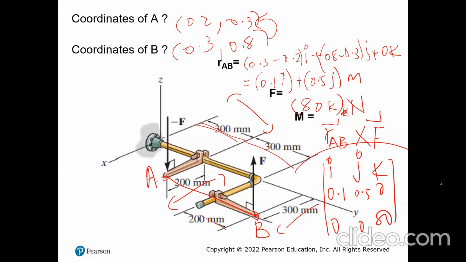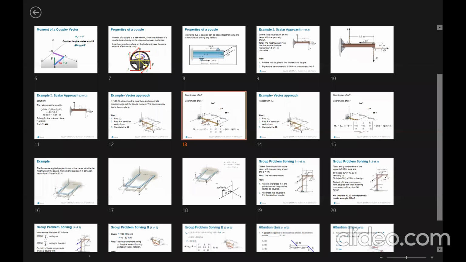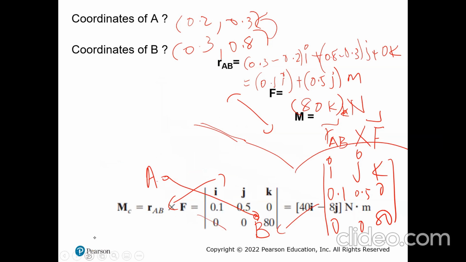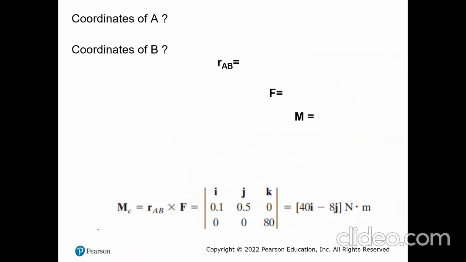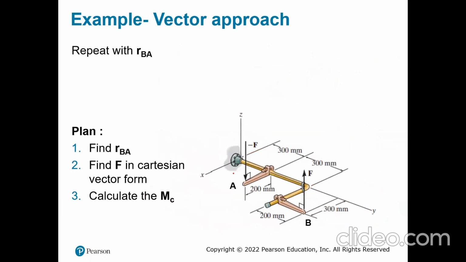Simplifying this determinant, I would be able to get the moment of this force, which is equal to 40i minus 8j Newton meter. So we mentioned previously that going from here and getting the moment, considering that only this force acts, and going from there considering only this force acts and getting the moment here, will be equal to the moment of the couple, right? So we got it from r_AB.